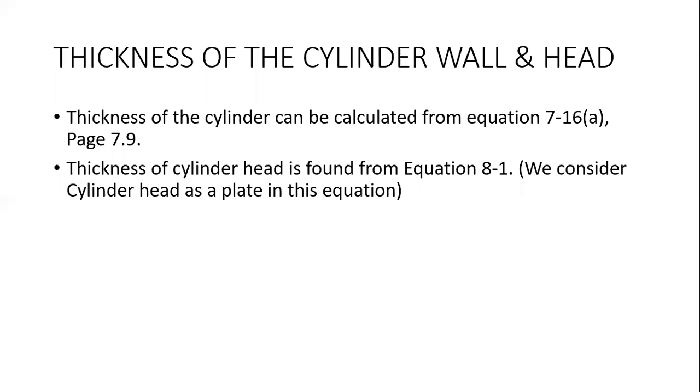Actually, we consider that once the burning is given for the maximum pressure, it always keeps a condition of constant pressure all over the surface. So the thickness of the cylinder head is given by K1 D. D is the diameter, P is the maximum pressure, and SD, as I have told you earlier, is the yield stress of the cylinder material. It may be the same because usually we make cylinder as well as cylinder head using cast iron.